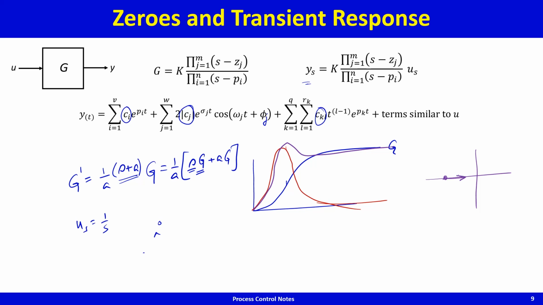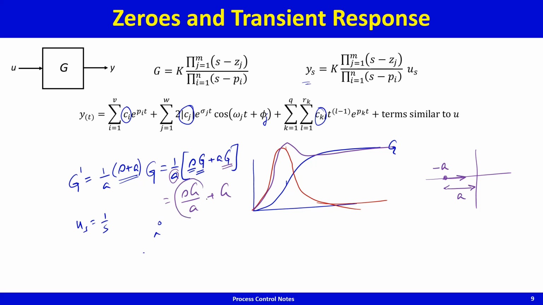If this 0 is moving right, the magnitude of A is becoming smaller and smaller, because your 0 is at s equal to minus A. So if the 0 is moving rightwards, then you can see that s times g by A plus g, that's what you have.